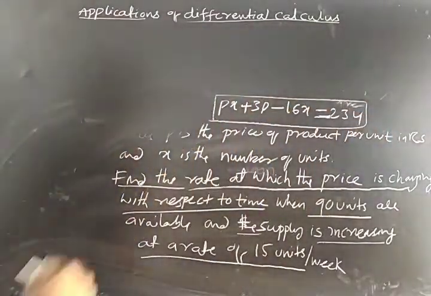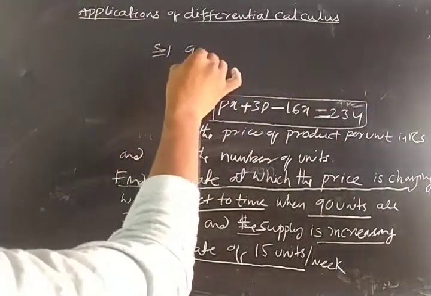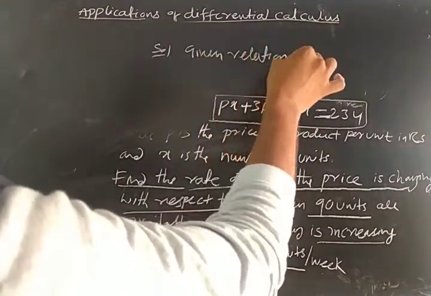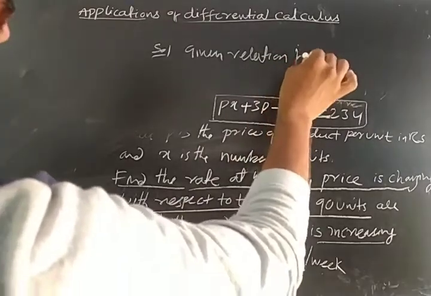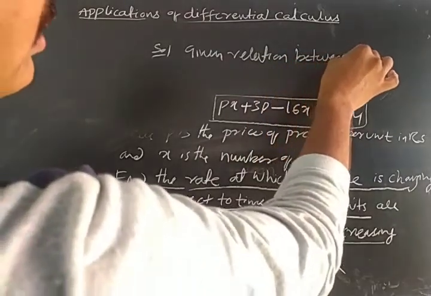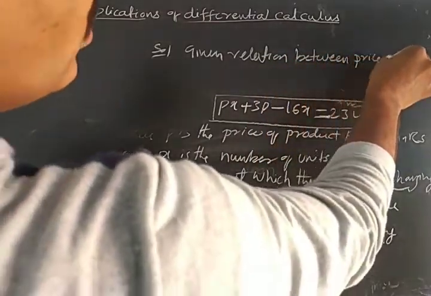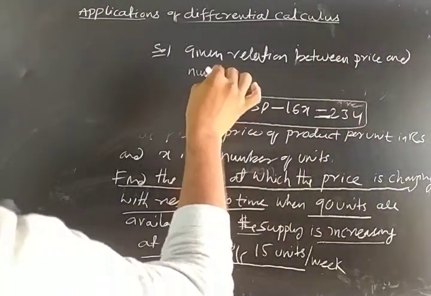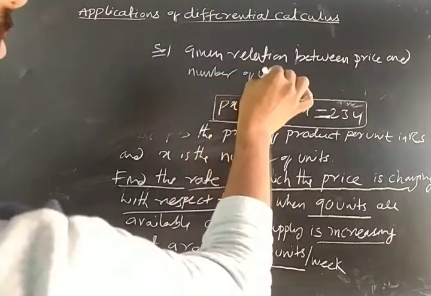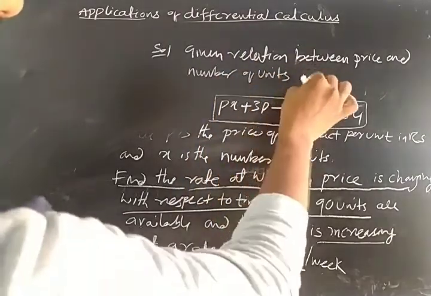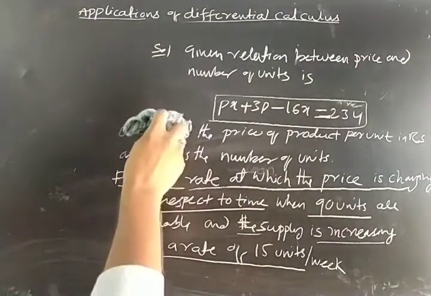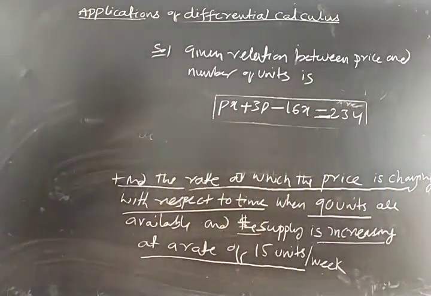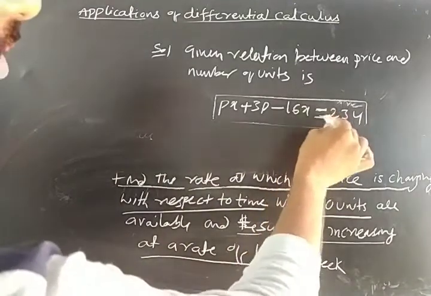Right, given solution. The given relation between price and number of units is Px equal to 3P minus 16x equal to 234.